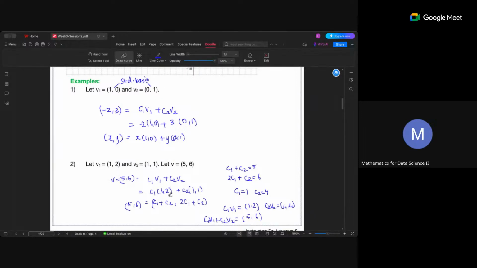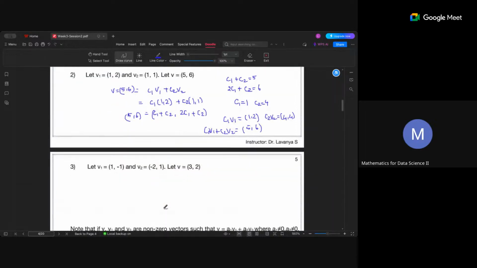This also does the same thing here, but here some calculations are needed. We cannot tell it just by looking at it. But this also does the same job like this set of vectors v1 and v2. Here, given a vector, we are able to write it as a linear combination of these two vectors.